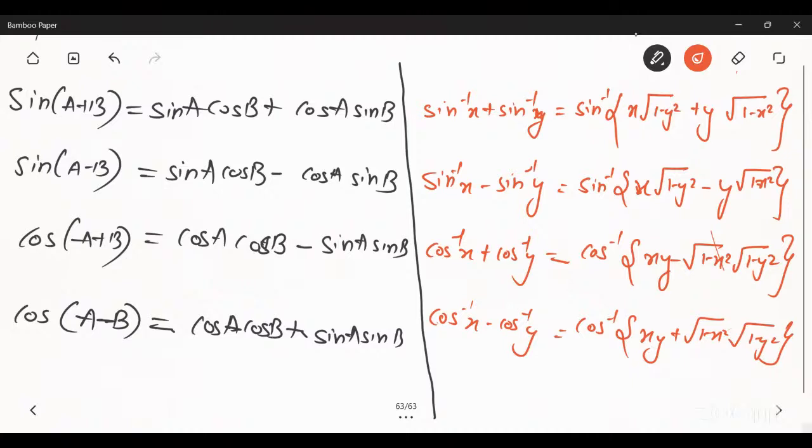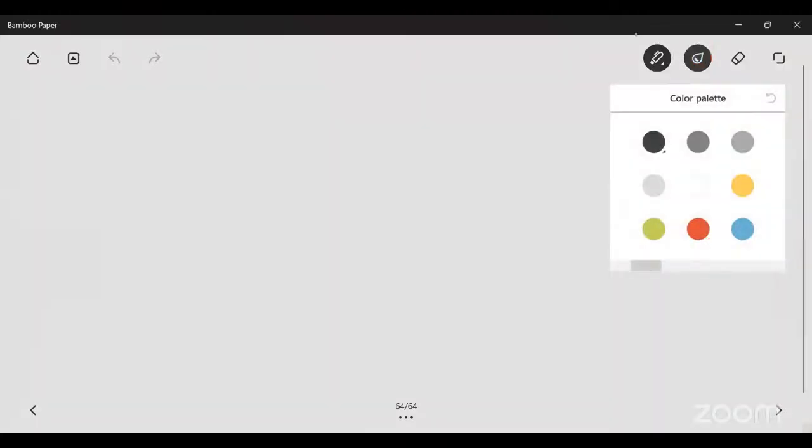So these are the formulas of sin inverse x plus sin inverse y, sin inverse x minus sin inverse y, cos inverse x plus cos inverse y, and cos inverse x minus cos inverse y. Now we have discussed the formula of tan.